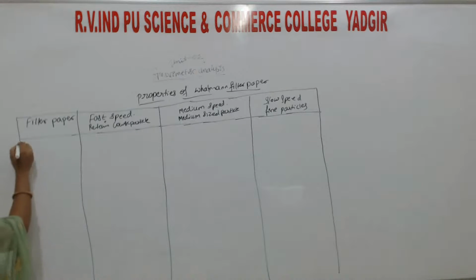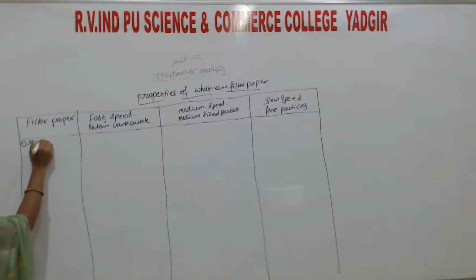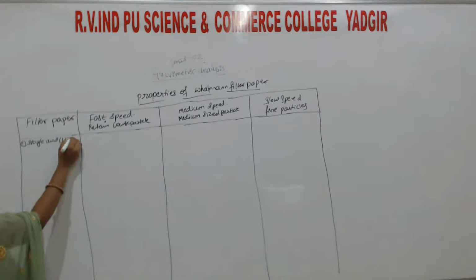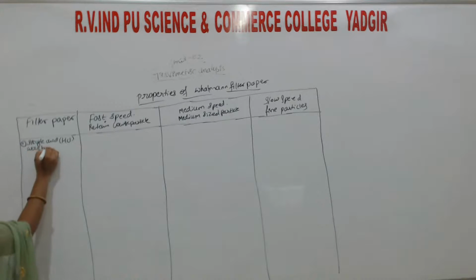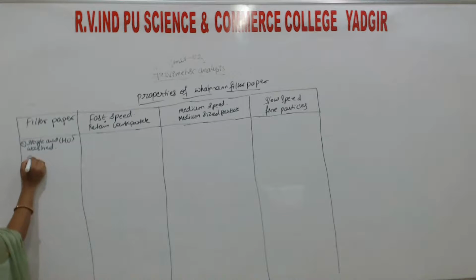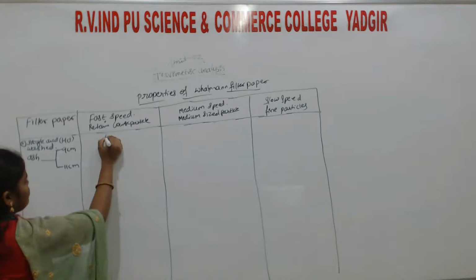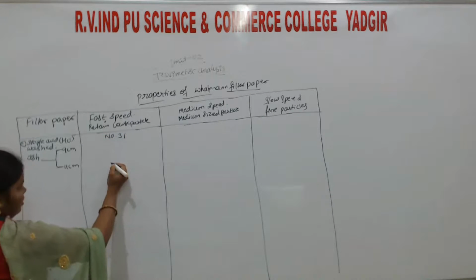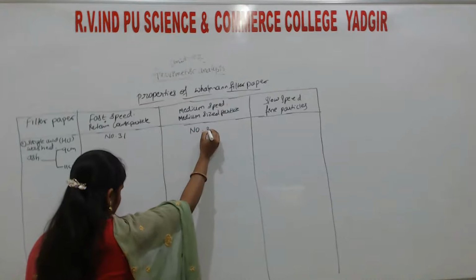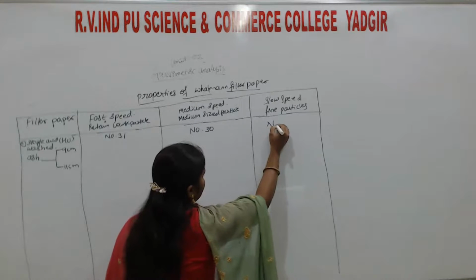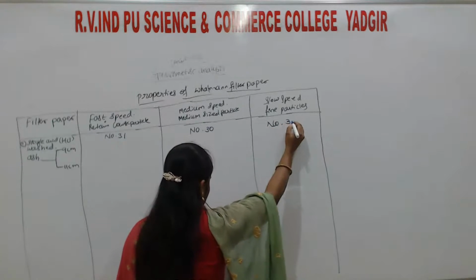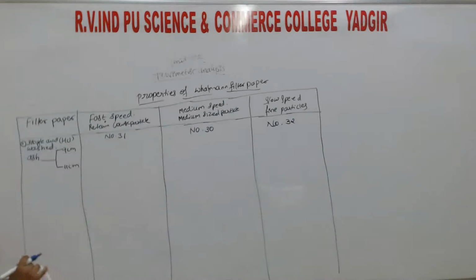The first one is single acid wash with HCl. The ash is given for 9 centimeter and 11 centimeter sizes. The Whatman filter paper numbers are 31, 30, and 32.